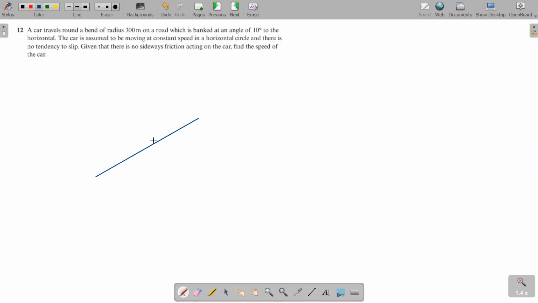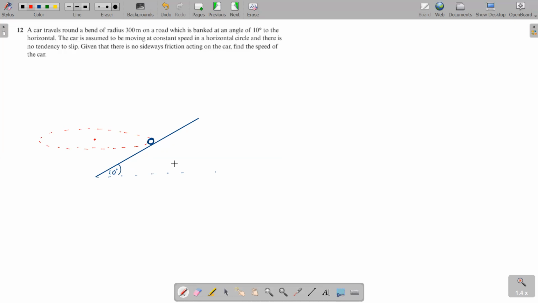So for the car, you can draw a particle. This angle is 10 degrees. This is the radius. Okay, so mark all the forces now. They say there is clearly no friction at all.